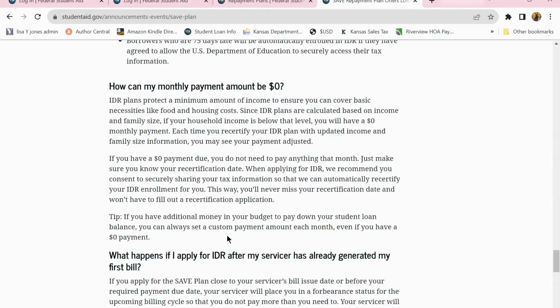In the past, if you tried to pay extra, it was almost as if you were penalized on an income-driven repayment plan, because they would say, oh, you got money, so we're going to increase your payment. This would be why SAVE might still be an option for you, because it keeps your payment low, but it gives you the opportunity to pay extra. This is huge.